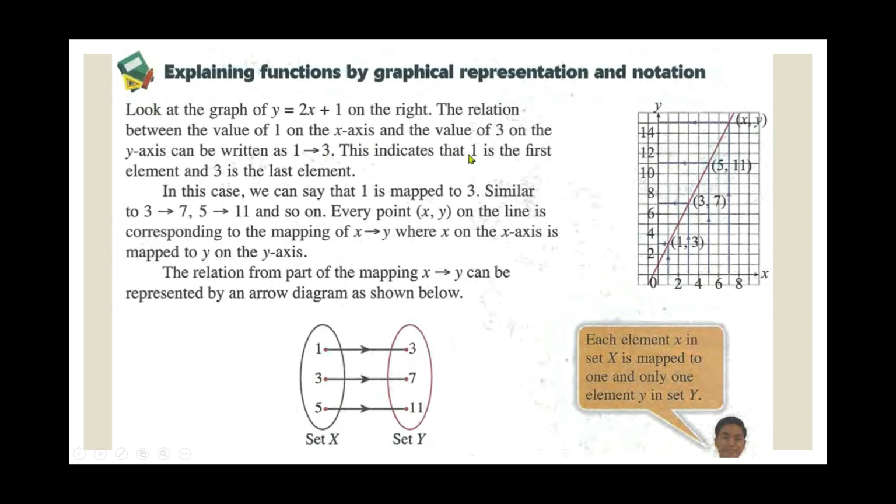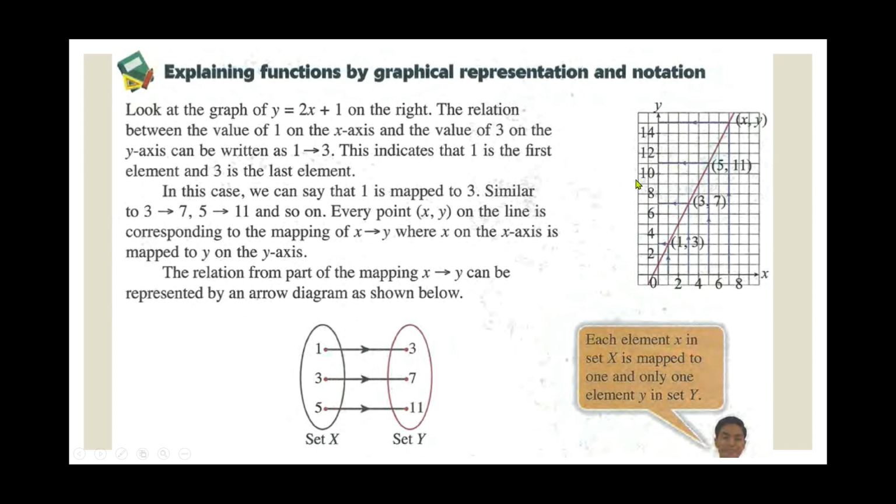This indicates that 1 is the first element and 3 is the last element. In this case, we can say that 1 is mapped to 3, similar to the rest. The 3 here is mapped to 7, and the 5 here is mapped to 11, and so on.